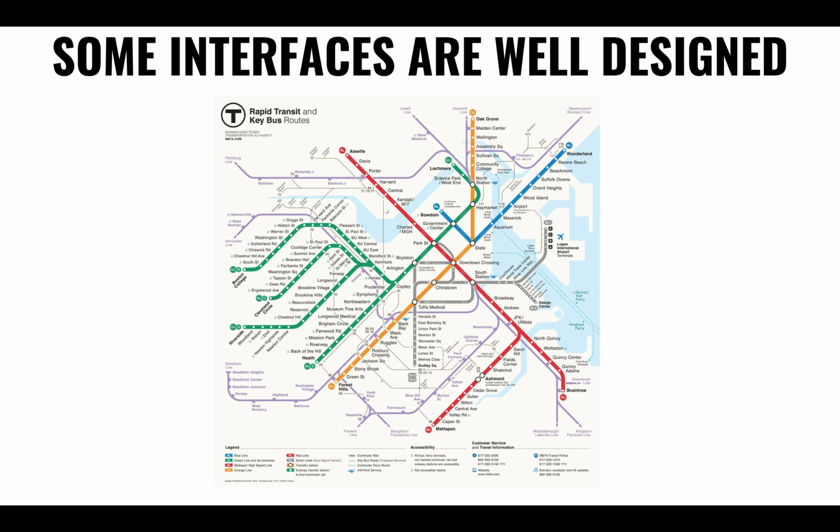Oftentimes, depending on who we are and what the purpose is, we would want more abstraction or less abstraction, right? It might be useful to use an actual aerial photograph of the Boston area, and some folks might, for certain purposes, maybe for navigation purposes, if I'm sailing.